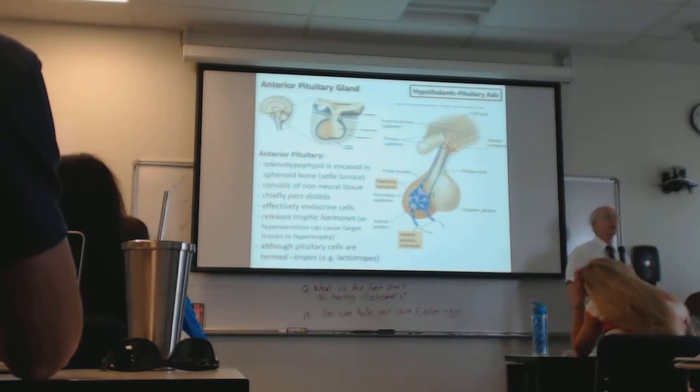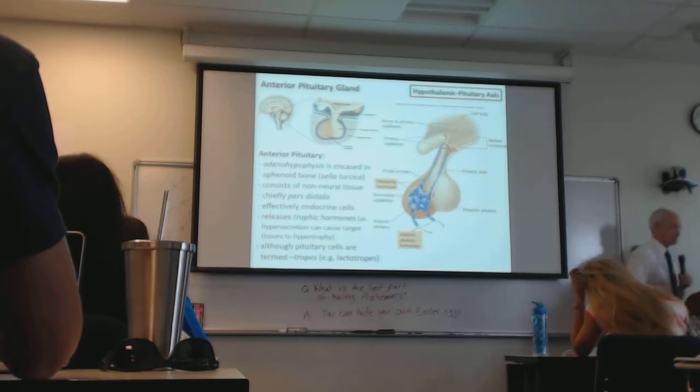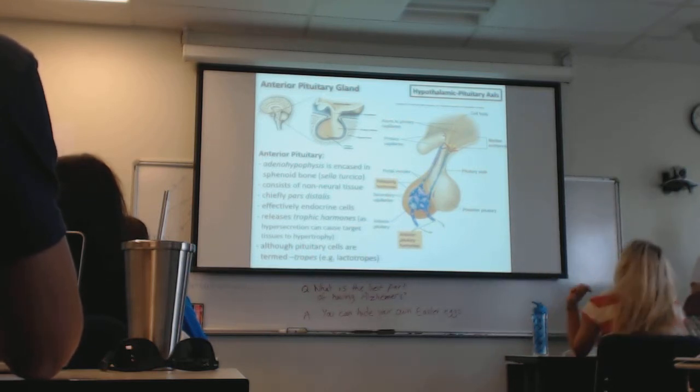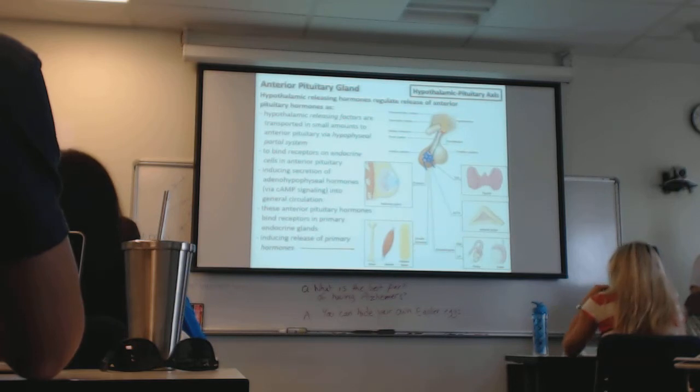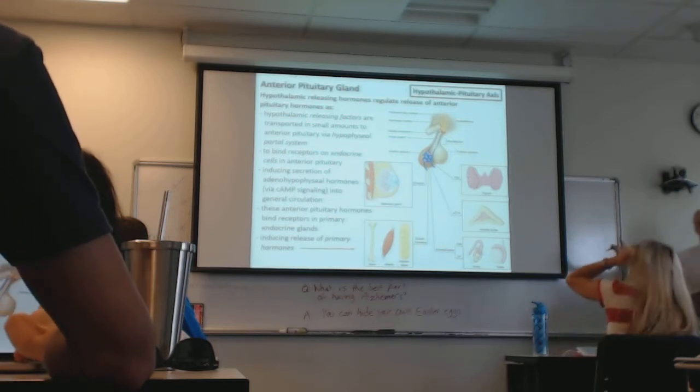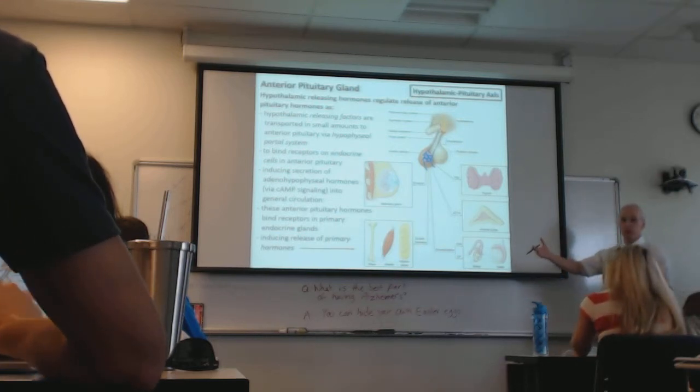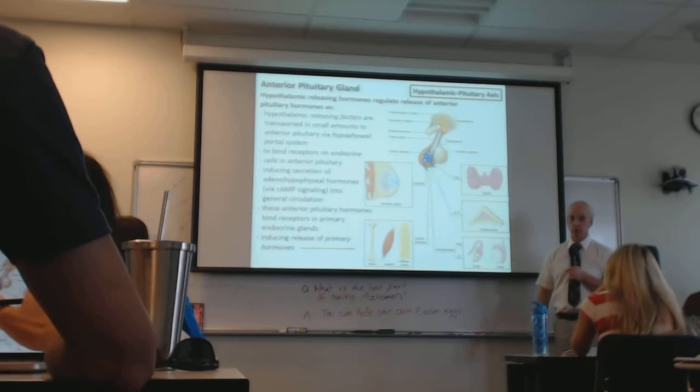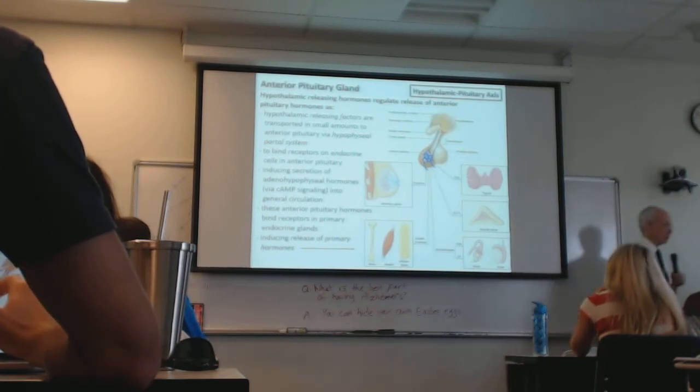But there are some other hormones that are also going to be trophic. So that's pretty much it. We already know ADH and oxytocin are pretty simple. That's a boring story, right? So we're primarily going to be focusing on the anterior pituitary.